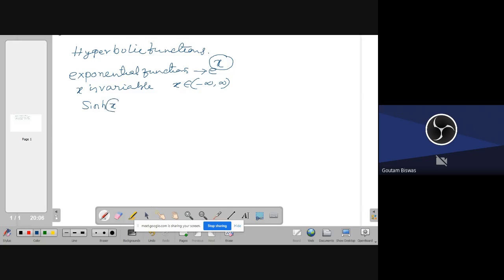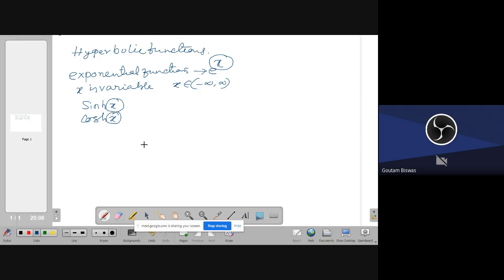So this x is our variable, cosh x. Okay, x may be complex or maybe real.